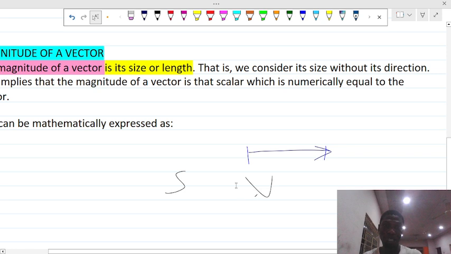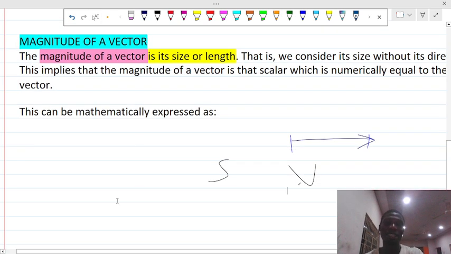So if you want to know the magnitude of the vector, we look at only the size, and looking at just the size, it is the same definition as the scalar. So it really makes sense to say that the magnitude of a vector is a scalar that has the same or equal numerical value as the vector.